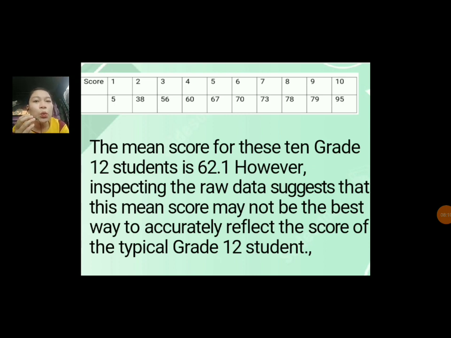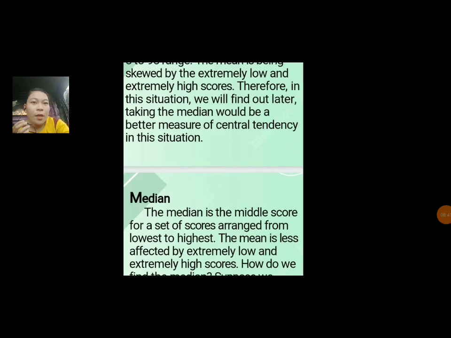Student 1 has 5, which is the lowest, and student number 10 has 95, which is the highest. So there are extremely high and extremely low scores. As I said earlier, if the scores are extremely high and extremely low, the mean is affected. That is why it is discouraged to use the mean in that case.